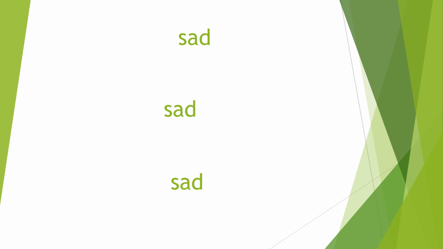Here we have the word sad. Sad does not end with an E, but it does end in a single vowel followed by a consonant. When you have a single vowel and a consonant, you have to double that ending consonant before you can add anything to it.